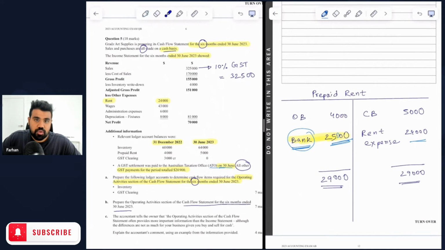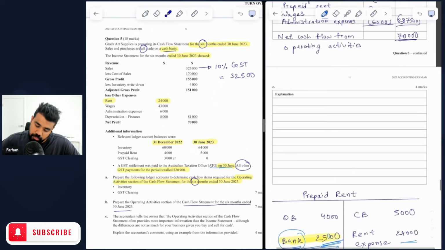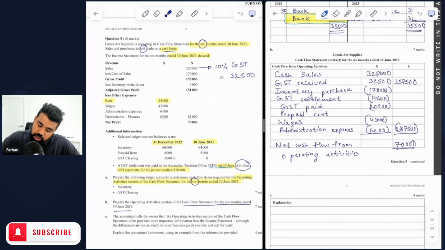So this amount that we have paid using our funds in the bank, being 25,000, refers to a cash outflow because we have paid for it, right? So that is why for prepaid rent, we are going to show 25,000 within brackets to reflect the cash outflow.